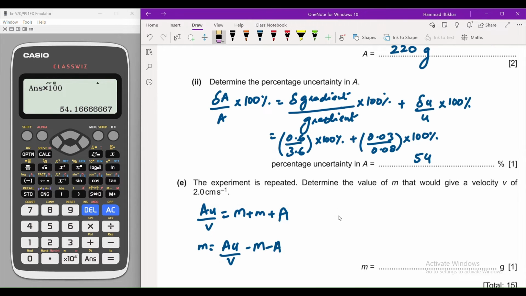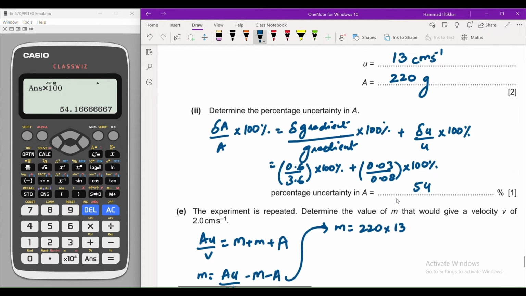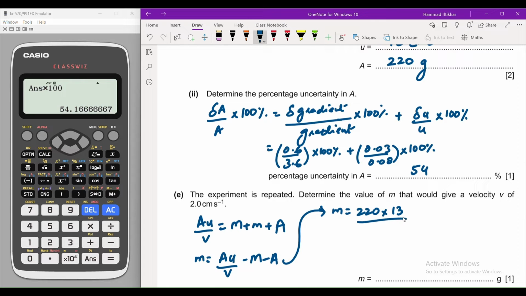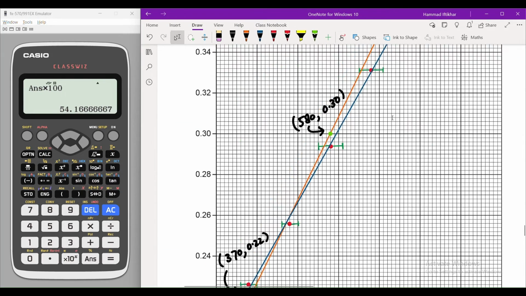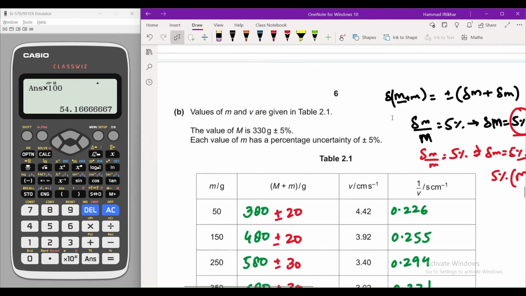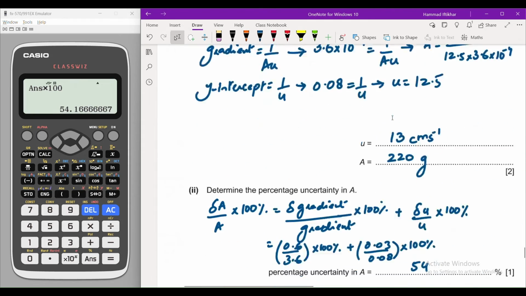So now we can plug in the values. So appropriate mass m would be A was 220 grams, U we figured out to be 13, divided by V, V is 2, minus capital M. Wait, capital M, did we know capital M? Oh, yes, 330 grams, okay.